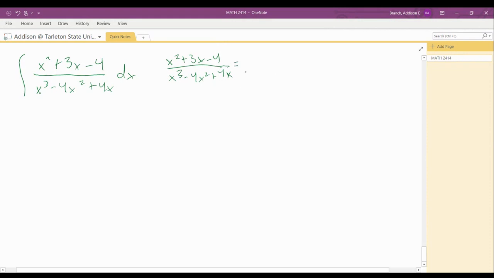We see we have a common factor of x throughout our denominator, so we get x times x squared minus 4x plus 4. And then we can break this down again. That x squared minus 4x plus 4 is actually going to be x minus 2 squared.